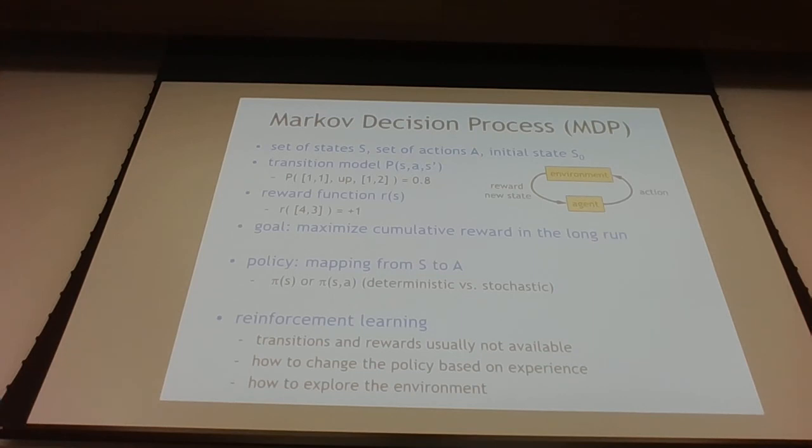And once you have updated your policy, for a given policy there can be many different executions of the policy, depending upon the start state. So how do you explore those different possibilities of the same policy that you came up with?